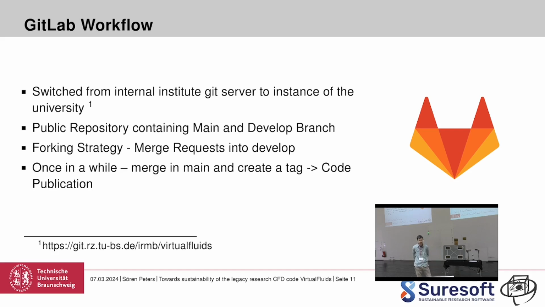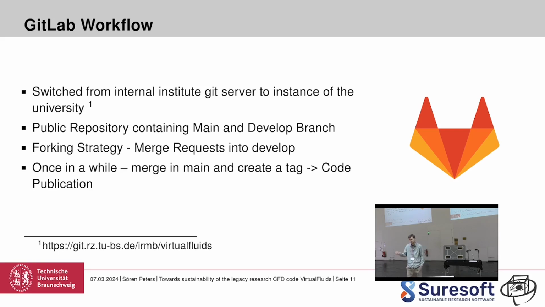With this strategy, if this is possible, they can make their forks private. Then if they have something ready, they can create a merge request and get their latest changes back into the main repository. We have two branches, main and develop.